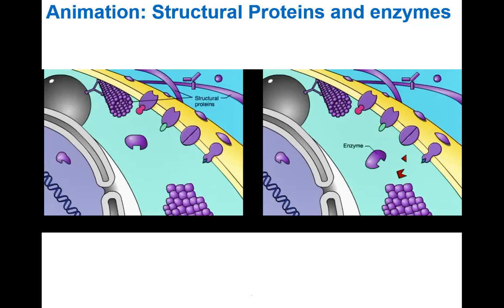We're stuck at 98.6. We have small particles and small concentrations, but we can use enzymes to make those reactions occur rapidly. And the enzyme is a protein and it causes that reaction to occur, and it's not used up in the reaction itself and can go again and again and again to make a reaction occur.